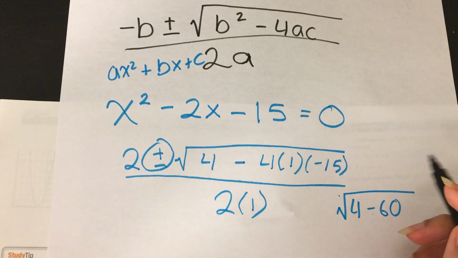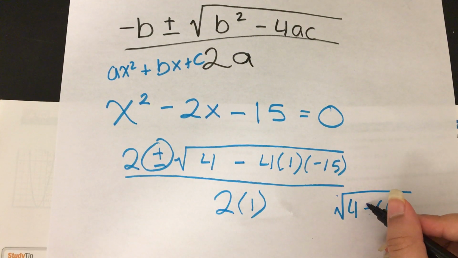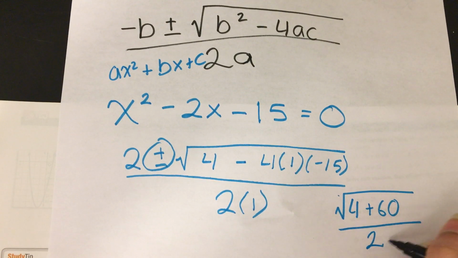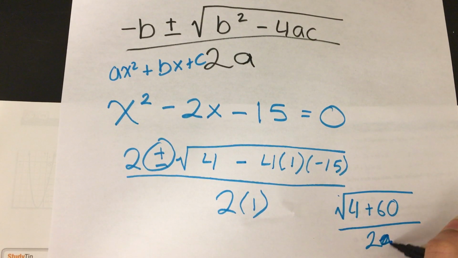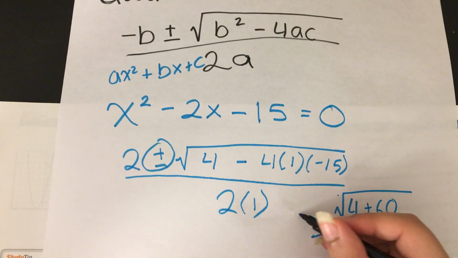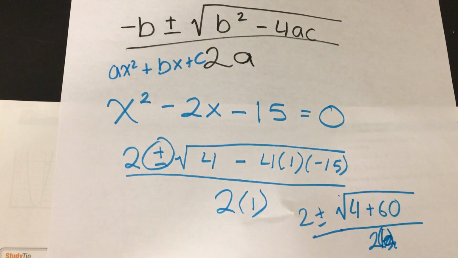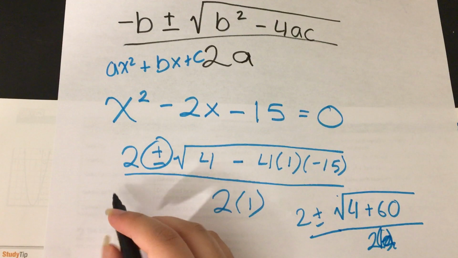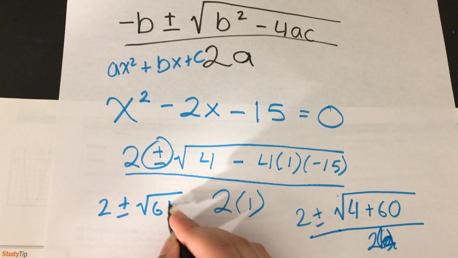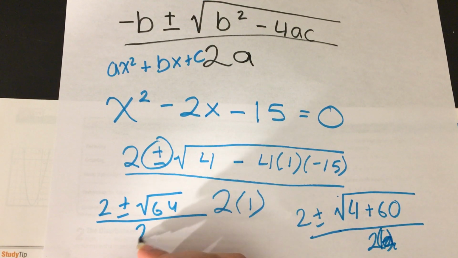Negative 15 times negative 4 is positive 60, so it's going to be plus. And then divided by 2a, which is 1, and it's going to be 2 plus minus. Alright, so we end up with 2 plus minus the square root of 64 divided by 2.